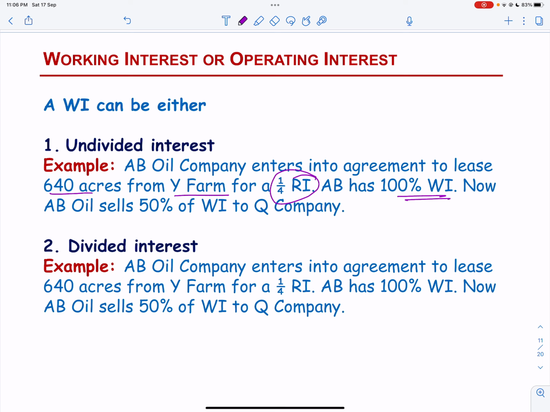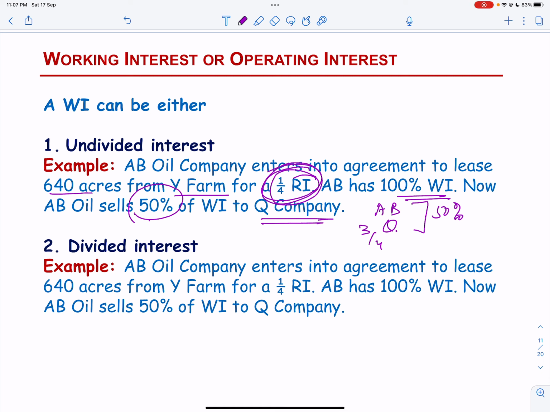Now AB Oil sells 50% of working interest to Q Company. So AB Oil Company and Q Company have an undivided 50% working interest each. So they each will get 50% of exploring, developing and producing the property. They will each receive 50% of 3/4 of gross revenue. Why 3/4? Because 1/4 is allocated for royalty interest.